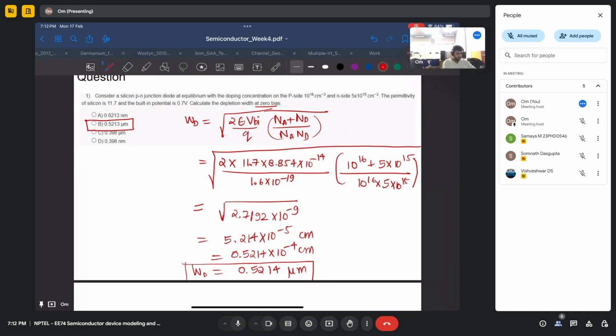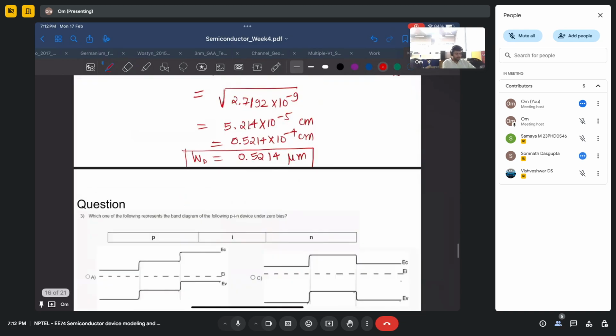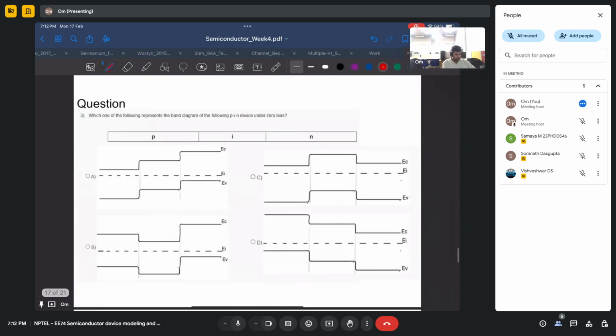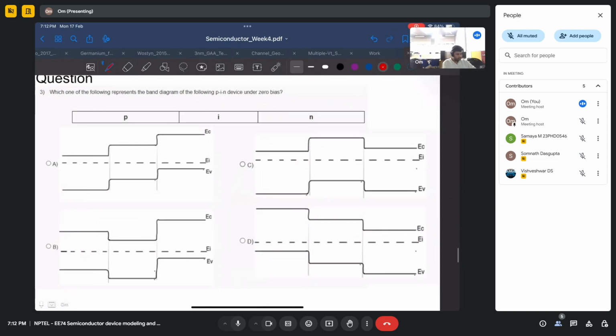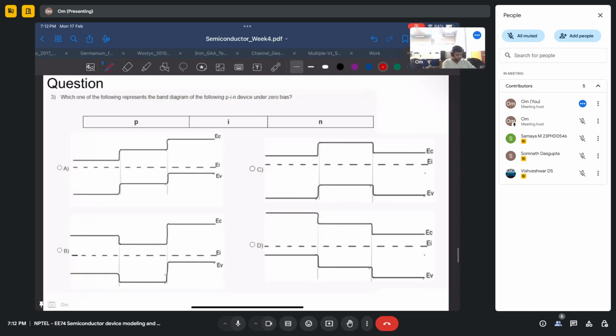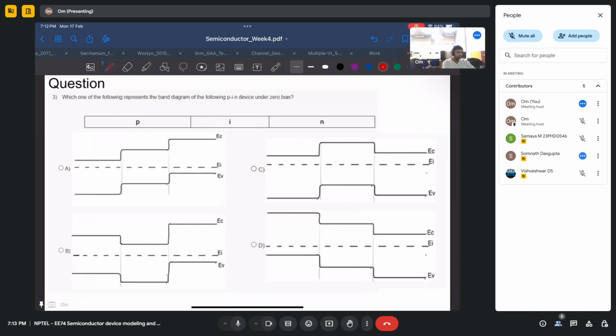Okay, so let's go to the next question then. Again, a Venn diagram based question. I think option D is correct. This is T, this is I, and this is N. What is A?